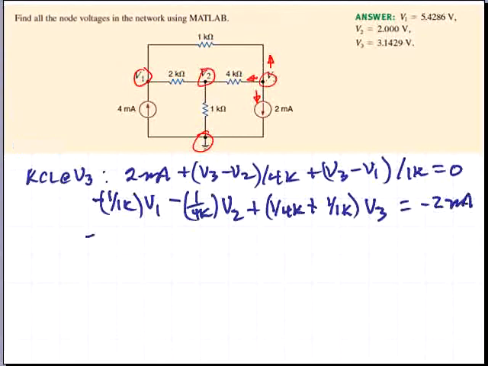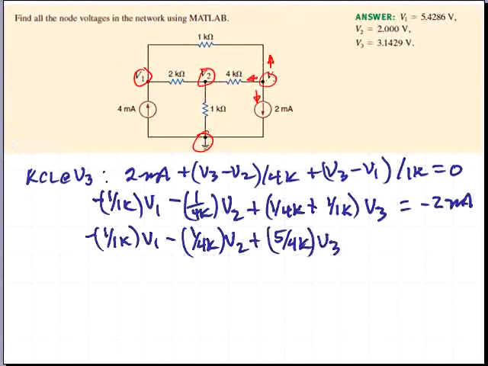And simplifying, we have minus 1 over 1K V1 minus 1 over 4K V2 plus 5 over 4K V3 is equal to minus 2 milliamps. So that is our third node voltage equation.